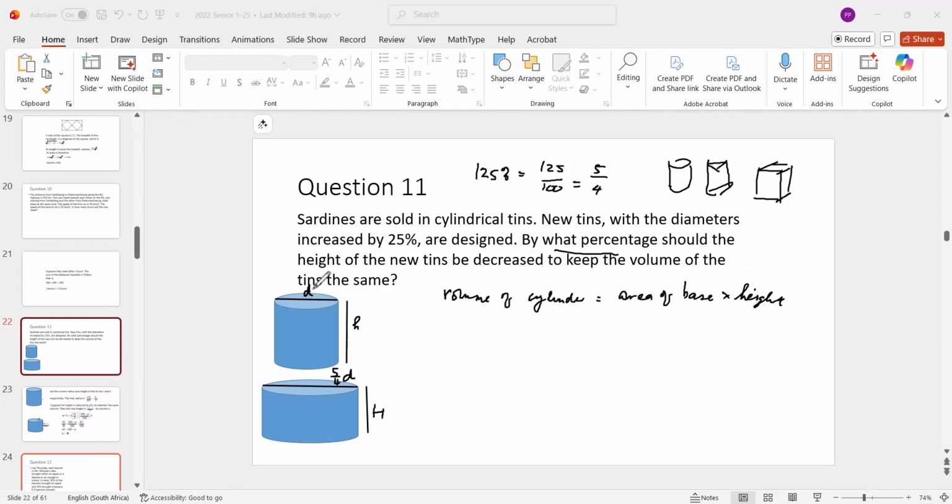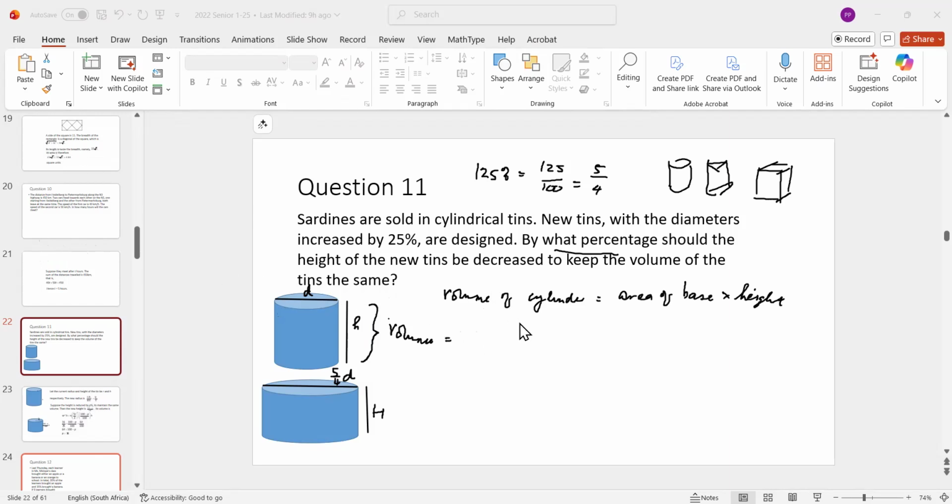So in the cylinder, the area of the base, now let's see what the volume here is. Now, the base, the area of the base is a circle, and the area of a circle, sorry, is pi r squared.